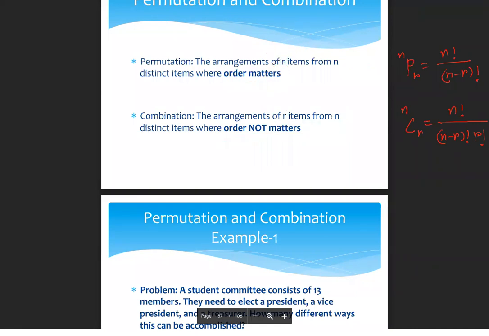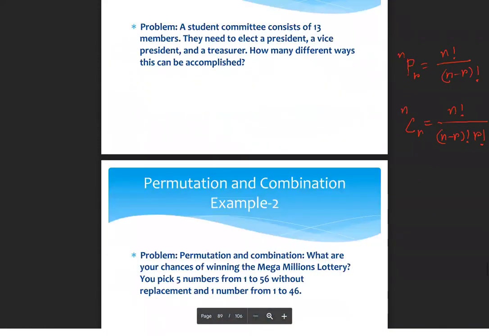So now let's do this problem. A student committee consists of 13 members. They need to elect a president, a vice president, and a treasurer. How many different ways can this be accomplished? So you have a group of 13 distinct students.